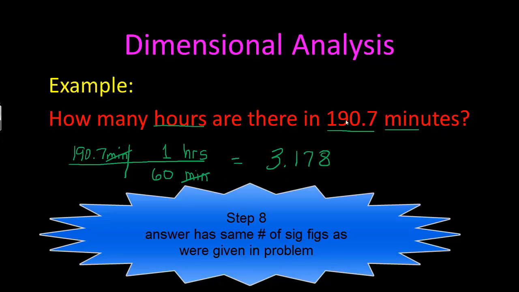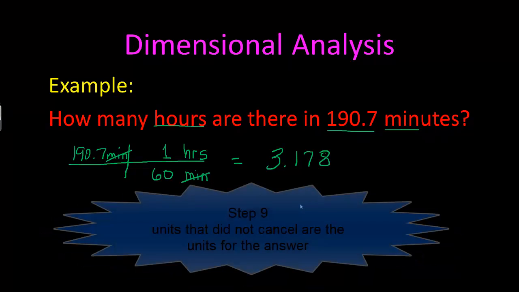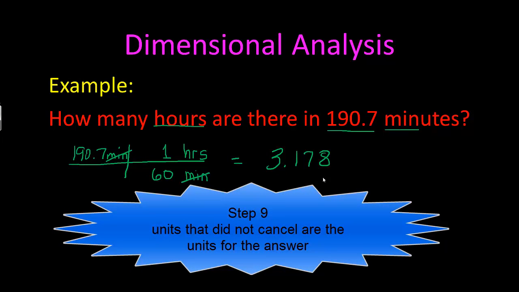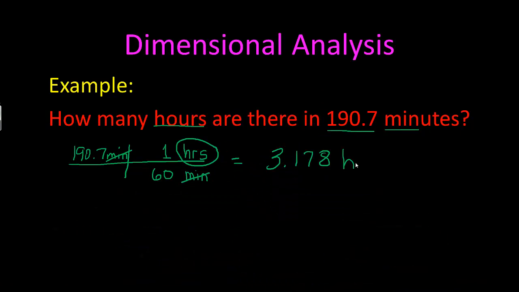We have 1, 2, 3, 4 in our original problem, so we're going to have 1, 2, 3, 4 in our answer. And the last step is the units which did not cancel are the units for your answer. The only units we have left are right here, which are hours. So our answer is 3.178 hours.